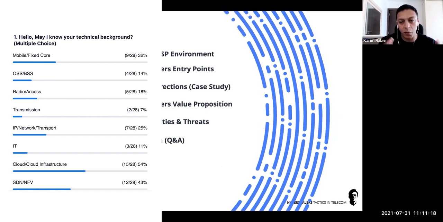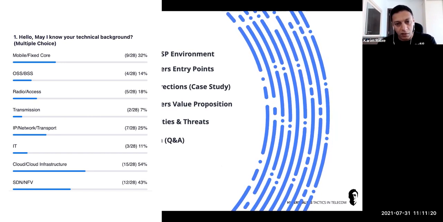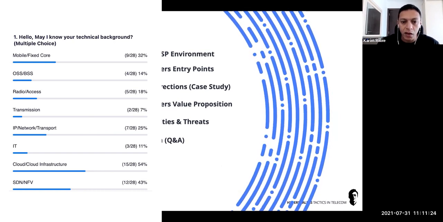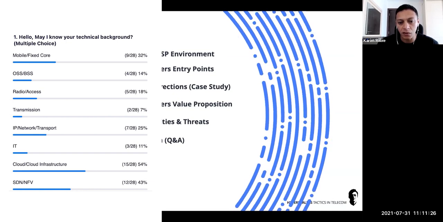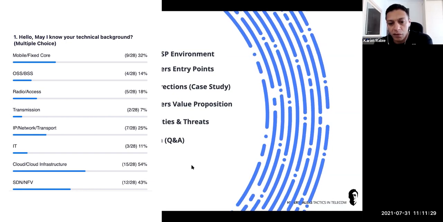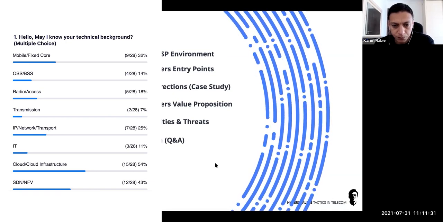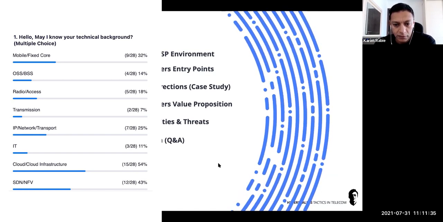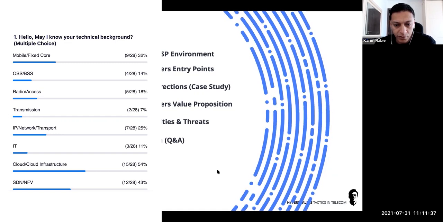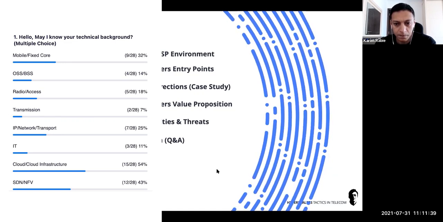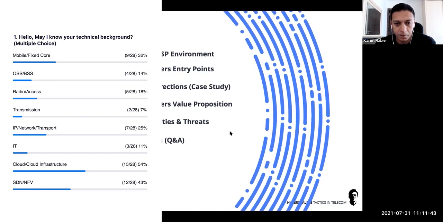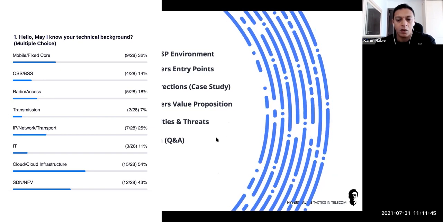So we have a mix of cloud and telco backgrounds, and also colleagues from IT. I guess we are covering most of the technological domains. Let me share the results with you.